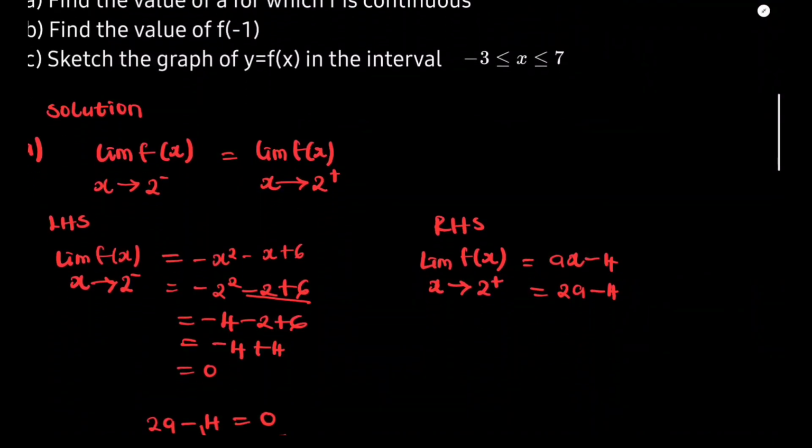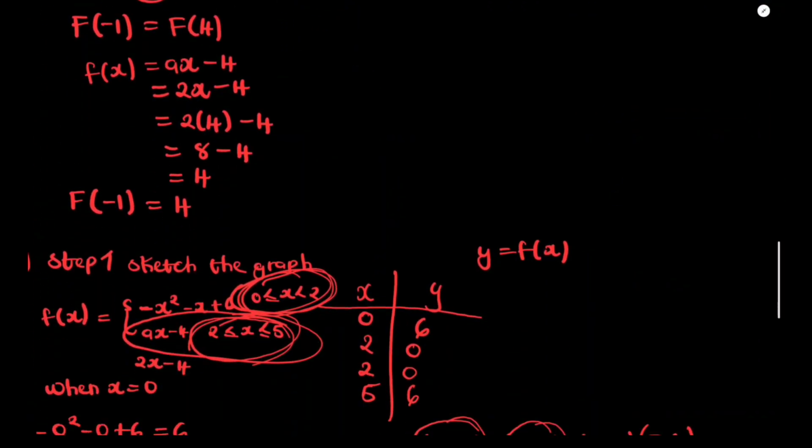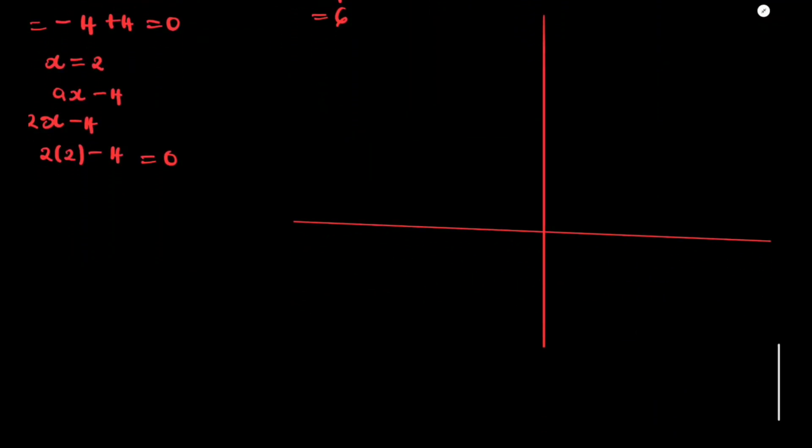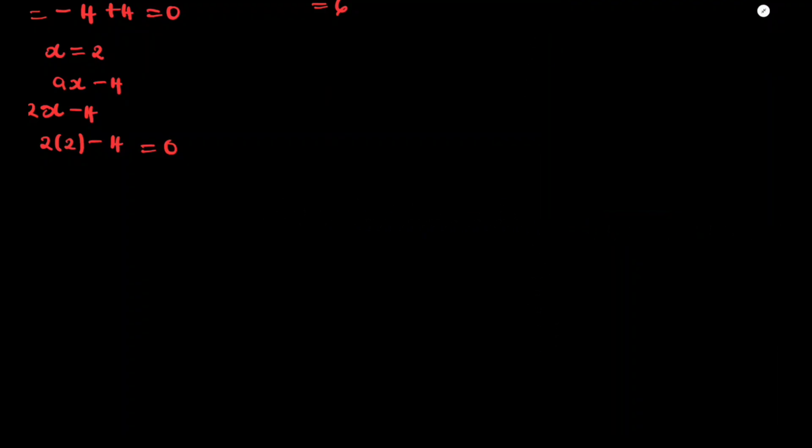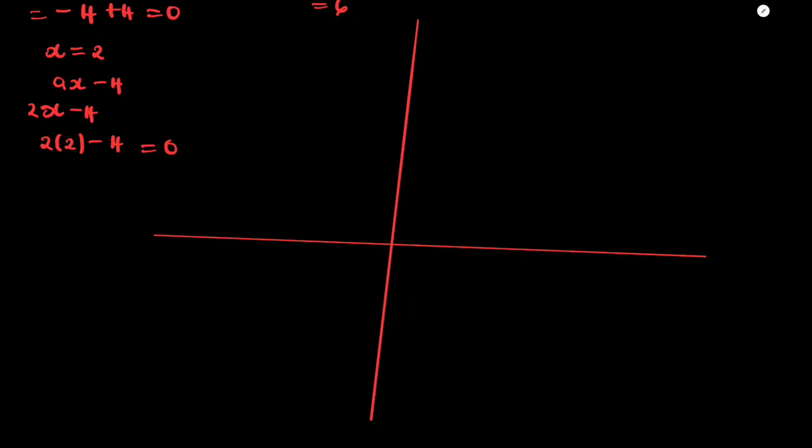Here x is ranging from -3 to 7. So we have been given an interval in which we have to plot our graph, that is, our x should range from -3 to 7.